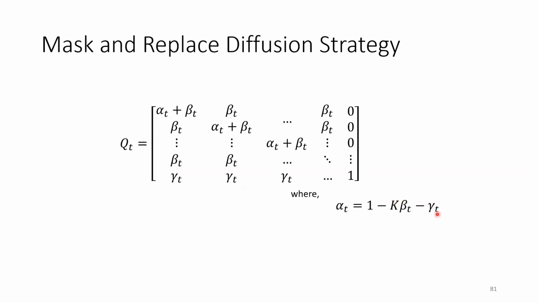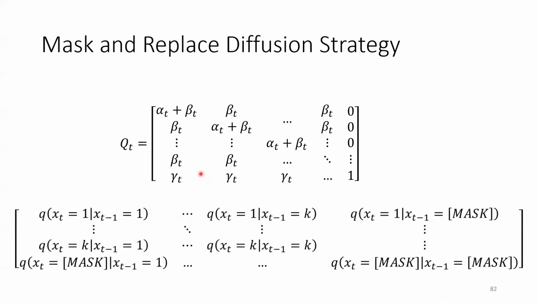What this essentially means is that this new entry gives the transition probability: given the previous state is 1, what is the probability that state 1 will jump into the newly introduced mask state? This probability is given by gamma t. So that row is clear.